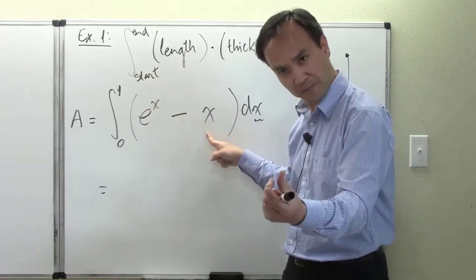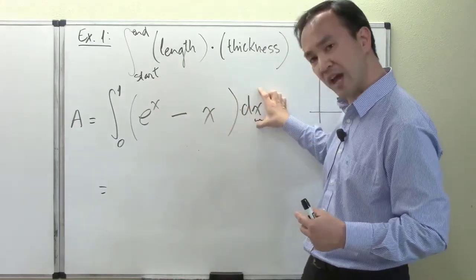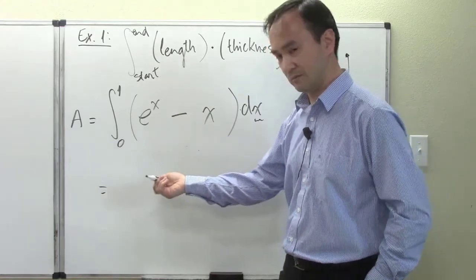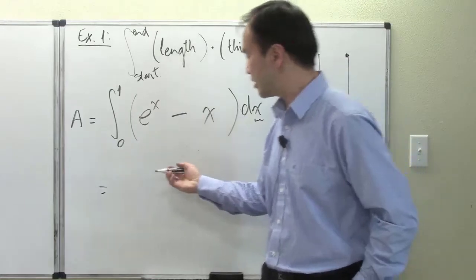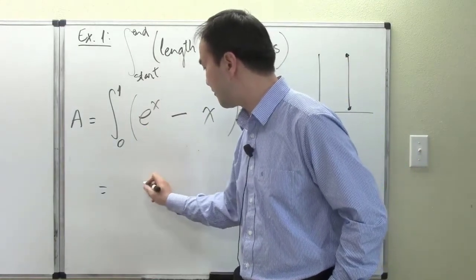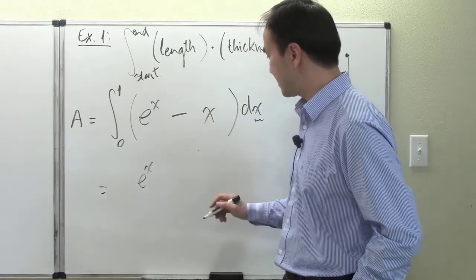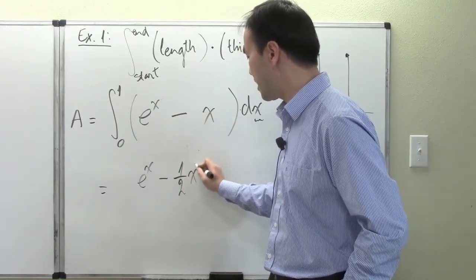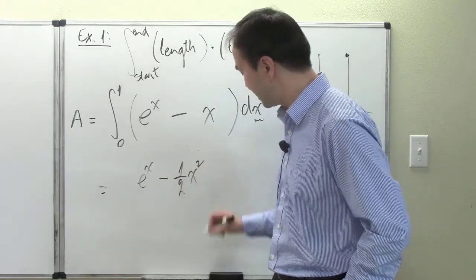We're integrating that function with respect to x, so we can simply take the antiderivative. The antiderivative of the first term is e to the x. The antiderivative of the second term after the subtraction is simply 1/2 x squared. Simple function on each term to take the antiderivative.